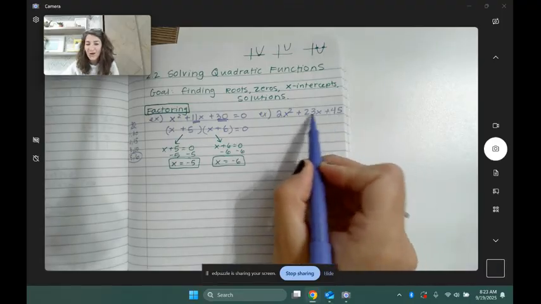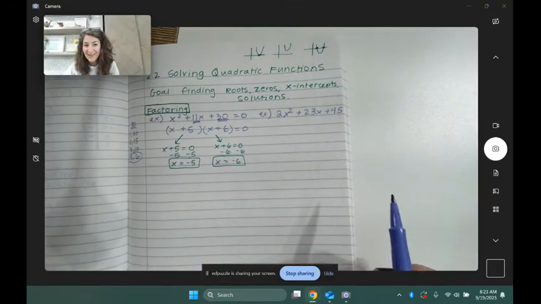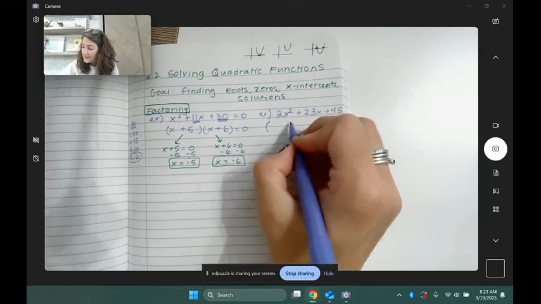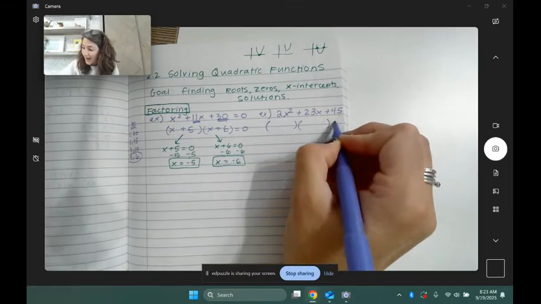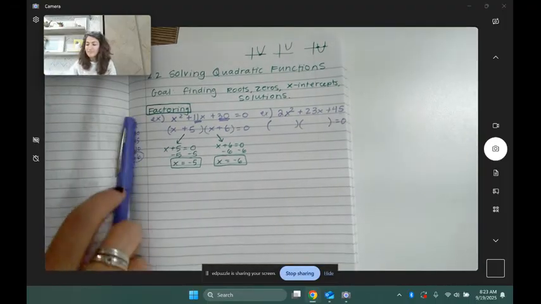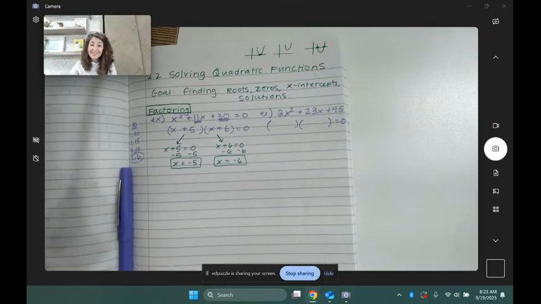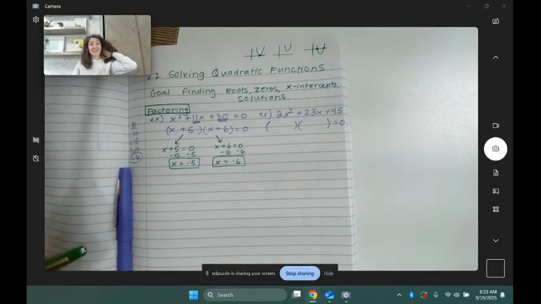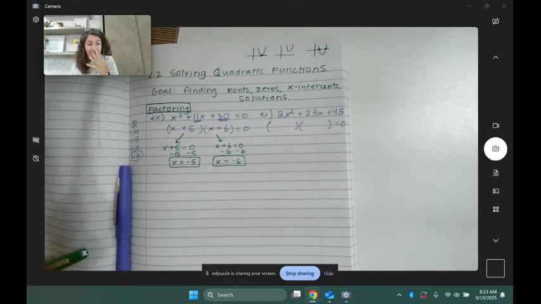But because these are not divisible by 2, I can't do that here. My goal here, though, still is I want to get these in factored form. I want it to look like that. There are lots of different tricks to get there. I'm not super interested in teaching tricks because they're not easily remembered.